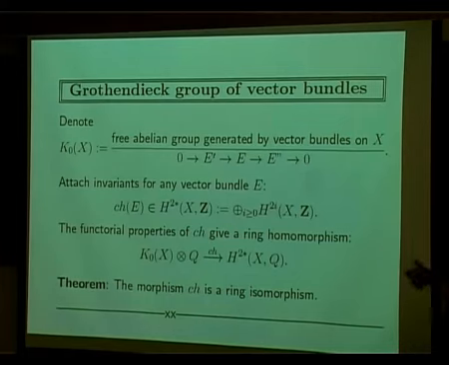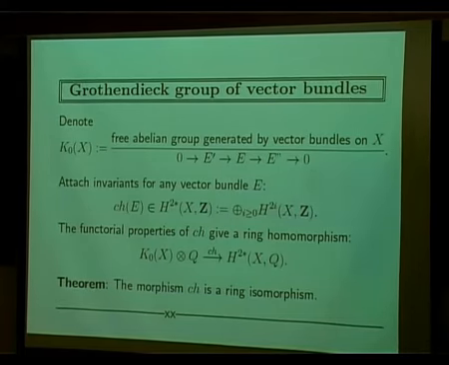In other words, the classes in your homology groups which come from closed subspaces on your topological space, most of them at least in even degrees, can be captured by invariants of vector bundles, which are certain covering spaces of your manifold.